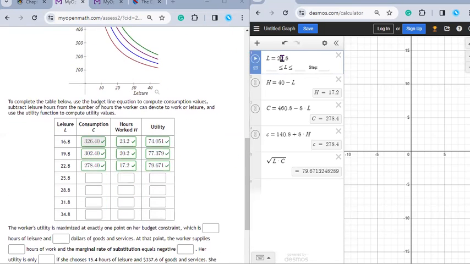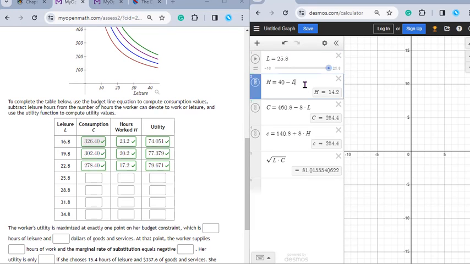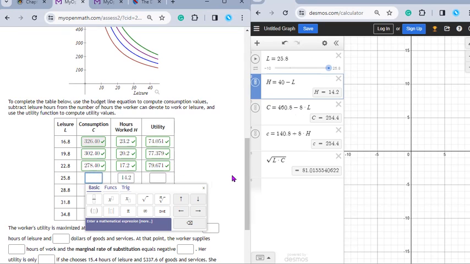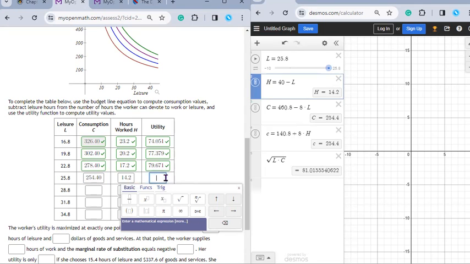Okay, now we're at 25.8 hours of leisure. When we're at 25.8 hours of leisure, now we're working 14.2 hours, right? And consumer goods are $254.40. Utility still went up, but it didn't go up much, did it? It went up by a little bit, 81.016.